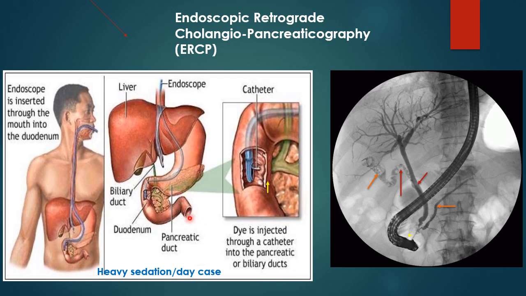A catheter is passed through here, as can be seen, and it is used to cannulate the papilla and inject the dye into the ampulla of Vater, and this dye is then used to take pictures of the biliary and pancreatic system.